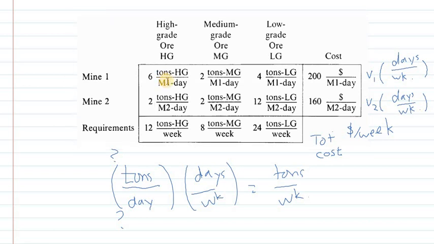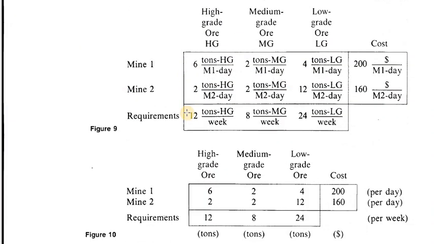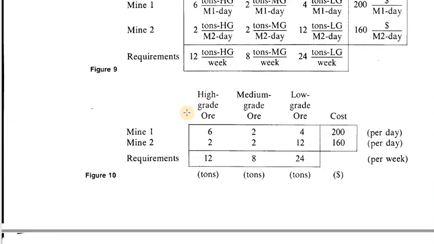So let's go back and see how that's done. The units in the margins are here. Now in this case, the column units are in the numerator and the row units are in the denominator. That's indicated here when you say per day, it means 1 over day. And this is 1 over day, this is 1 over week.